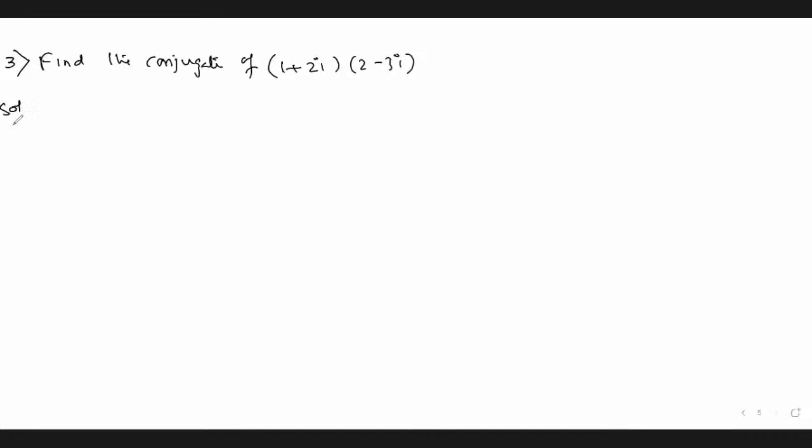Now see, what is the meaning of the word conjugate? If z is equal to x plus iy is any complex number, then z bar, the conjugate, is equal to x minus iy. So first consider this one as (1 plus 2i) into (2 minus 3i).